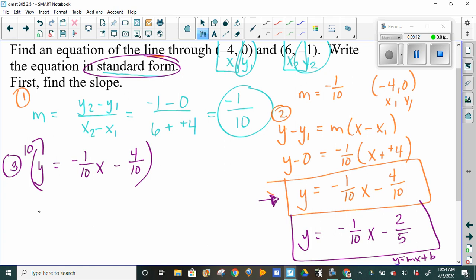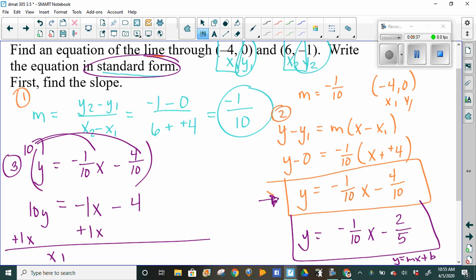So 10 times y is 10y equals 10 times 1 is 10, 10 divided by 10, so negative 1x. 10 times 4 is 40, 40 divided by 10 is 4. So minus 4. Now all I have to do is add this 1x to both sides. So now you've got x plus 10y, because that cancels out, equals negative 4.